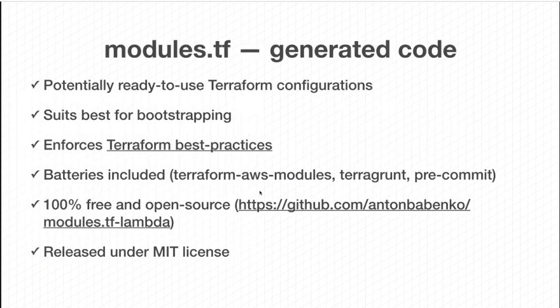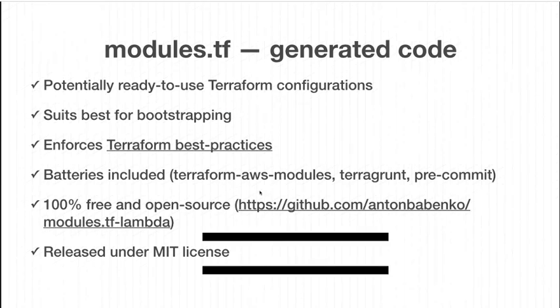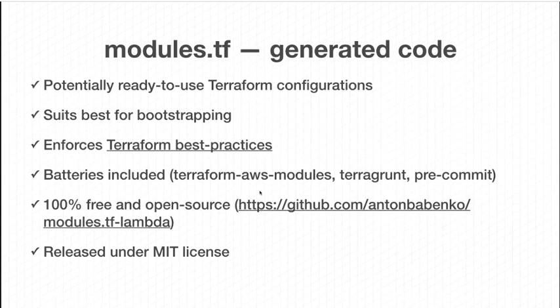The code which is generated by modules.tf, I'm quite sure that a lot of people think this is going to be produced code which I will just delete. I mean, I will look into this for inspiration and delete it. That's what I didn't want people to do. I want it to be as close as possible to something potentially ready to use, where you just need to specify key values which you didn't specify in the visual diagram, because not everything makes sense to be visualized, or it's not even possible to visualize it.